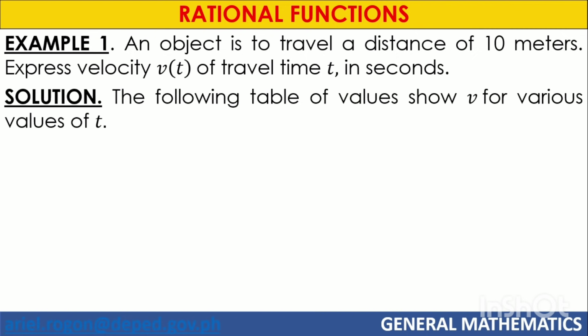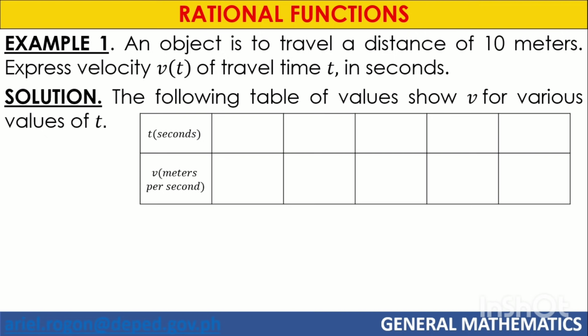So, the following table of values show v for various values of t. Okay. So, again, t is represented in seconds. The velocity, that is the meters per second. So, yung tinatakbo, no? The distance traveled. Okay.